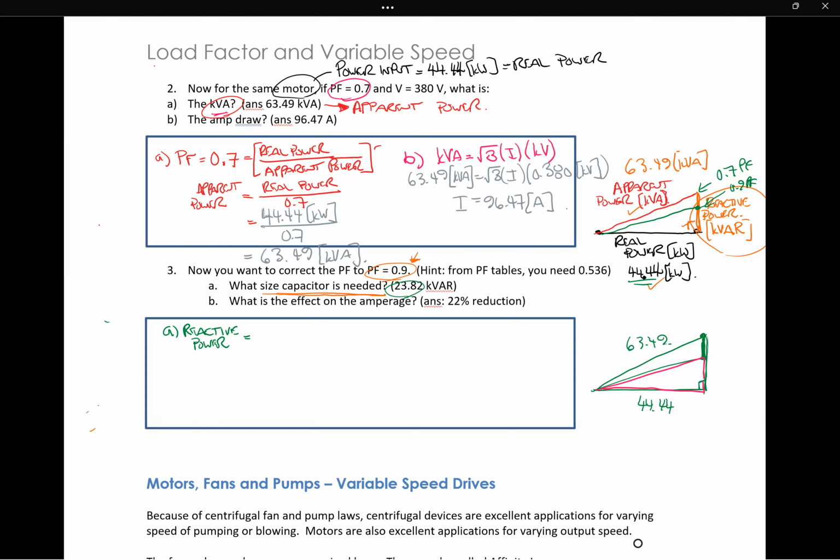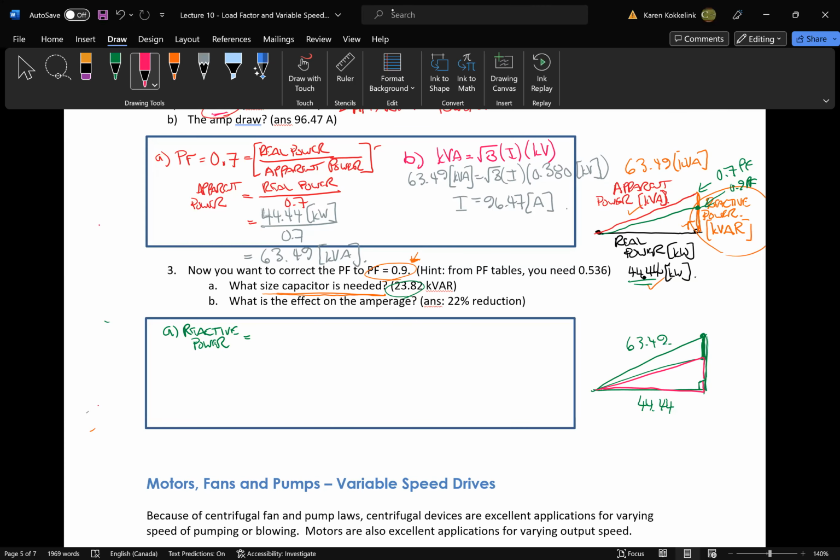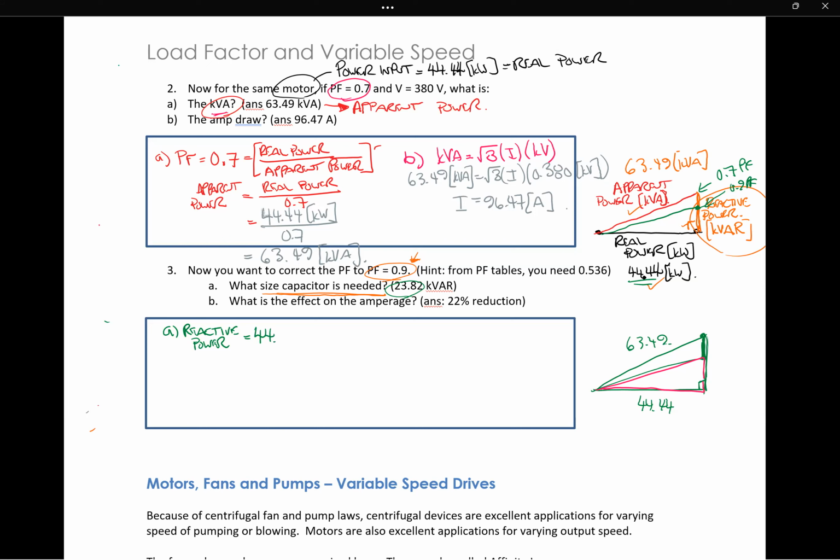In order to do that, I'll leave the trigonometry up to you to pause and figure out, but we would take one side of our triangle and the tan of the inverse cos of the 0.7 minus the 0.9, or however you want to work it out with your geometry.